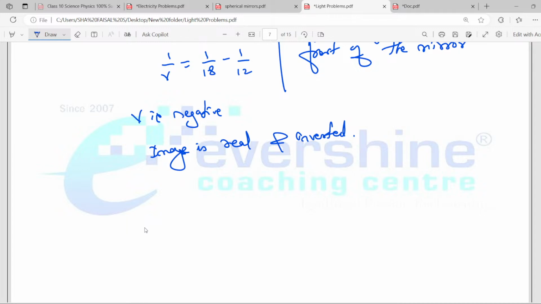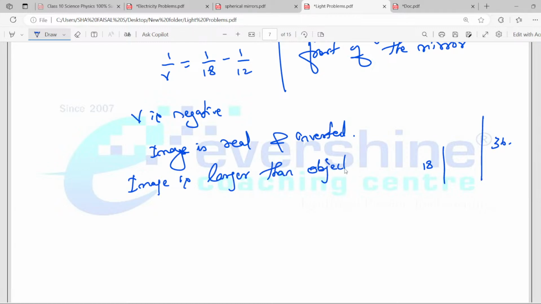Object is 18, but image is 36. What does it mean? Can you compare the object and image? Object is 18 centimeter. Image is 36 centimeter. It means that image is larger than object.